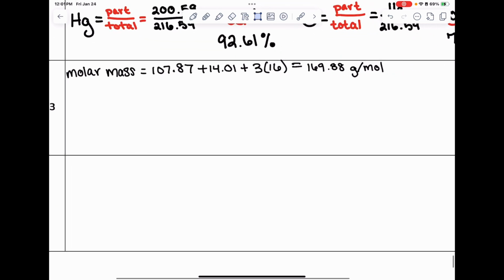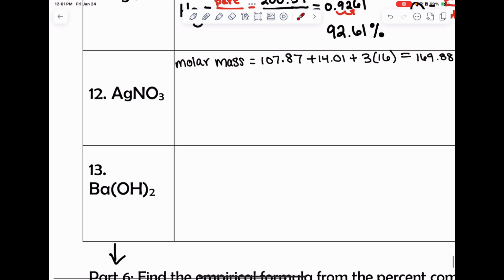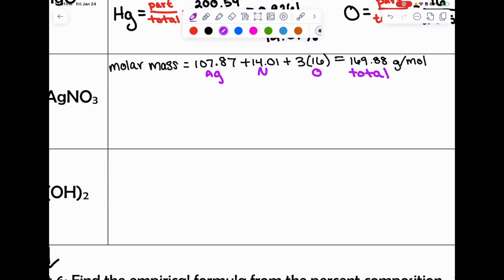All right. So I just stole this straight from part 3. This is the molar mass of this compound, AgNO3. So if I were to label each part, I have Ag here, I have N, and I have O. So then I have our total. I can use this to help me find the mass of each of these elements.